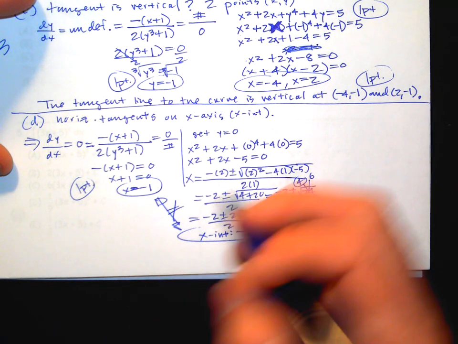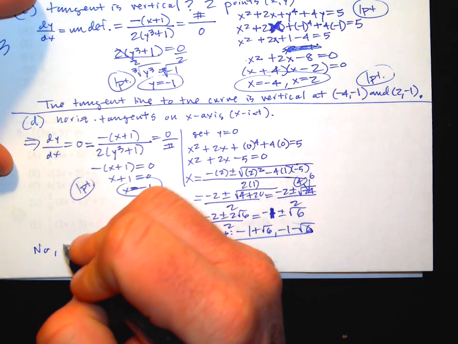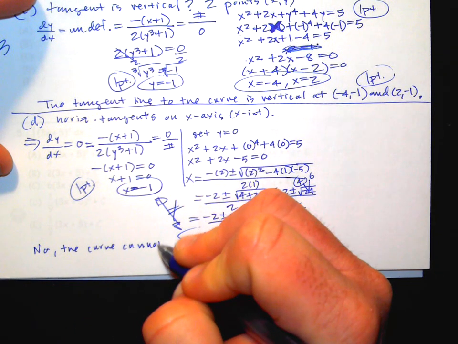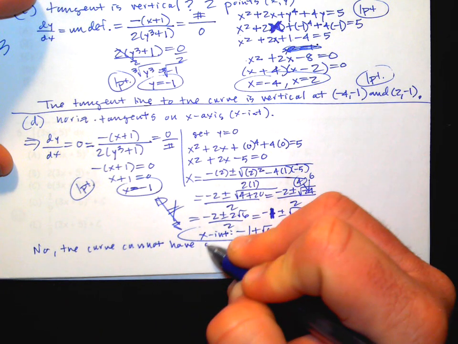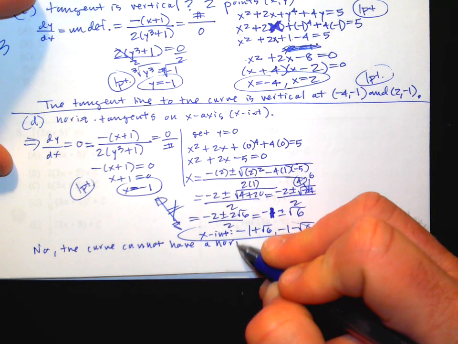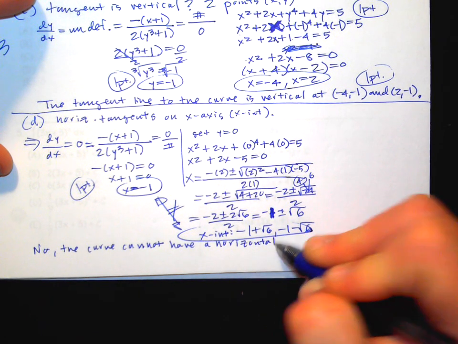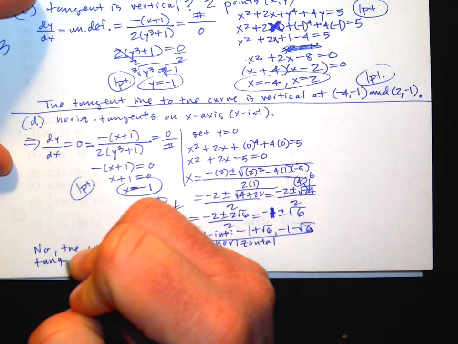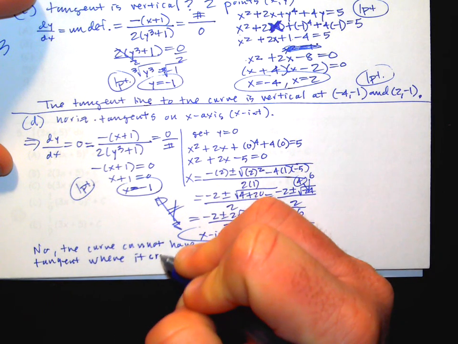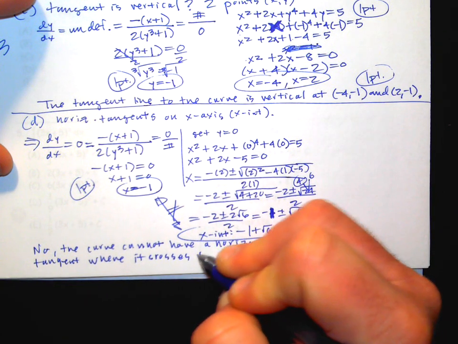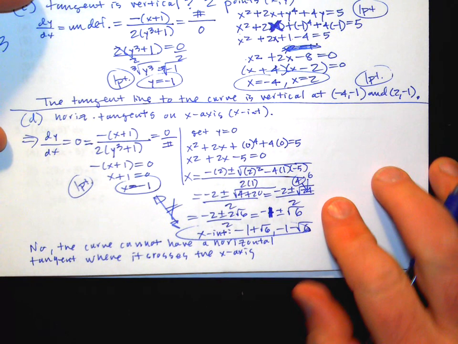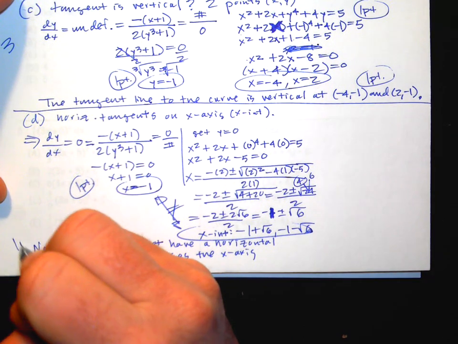So we could say, no, the curve cannot have a horizontal tangent where it crosses the x-axis. Now, this is one way to do it. So you get a point for your final answer.